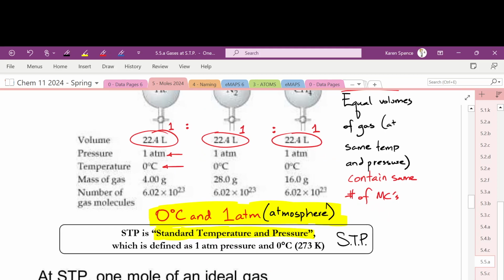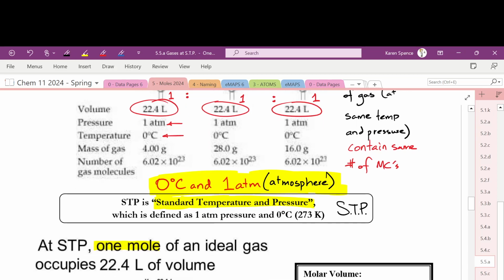At STP, 1 mole of an ideal gas, don't worry about the word ideal, that's more for my 11 enriched class. 1 mole of a gas, we can just say of a gas, occupies 22.4 liters of volume.